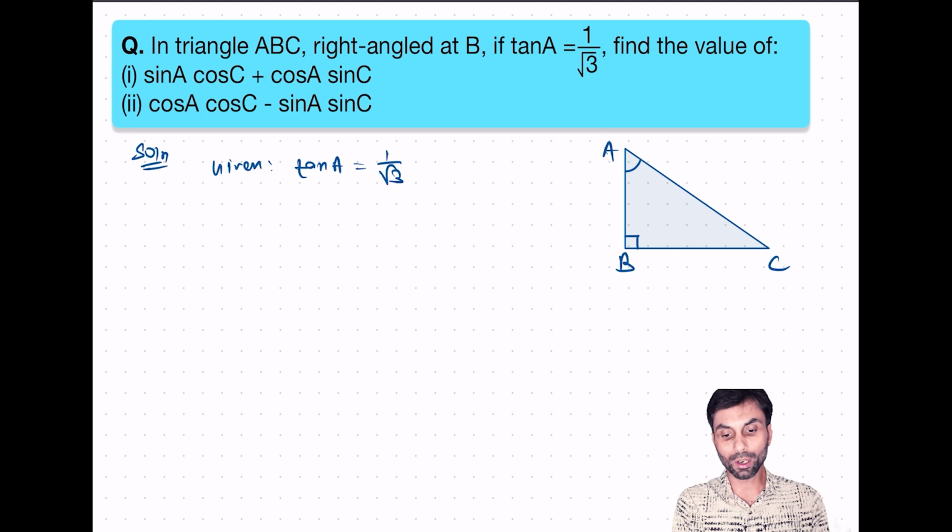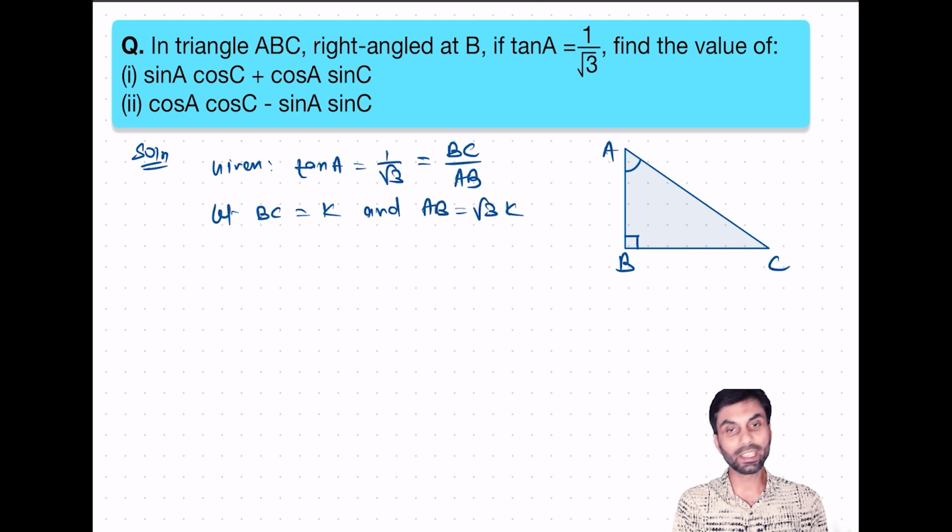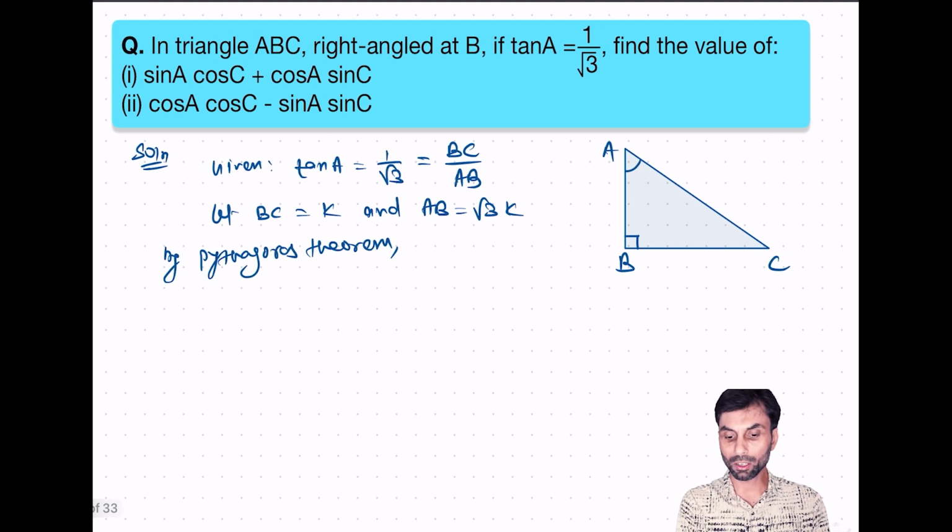And we know the value of tan is opposite BC upon adjacent AB. Now, let BC equal K and AB equal root 3K, then by Pythagoras theorem, we can find out the value of AC.